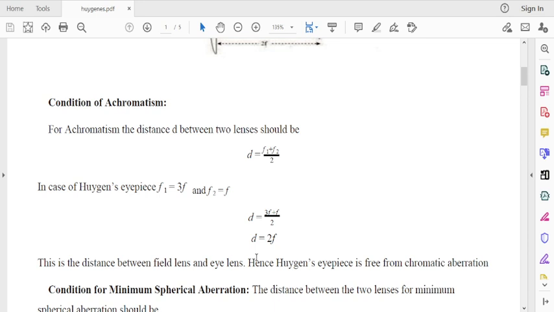If D equals 2F is the distance between the field lens and the eye lens, hence the Huygens eyepiece is free from chromatic aberration.